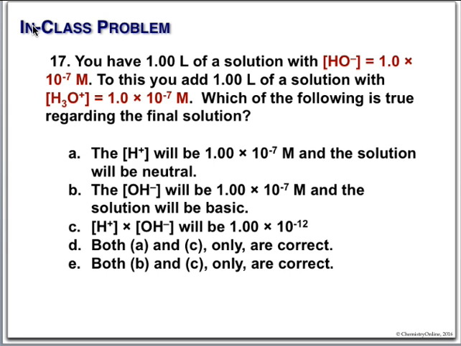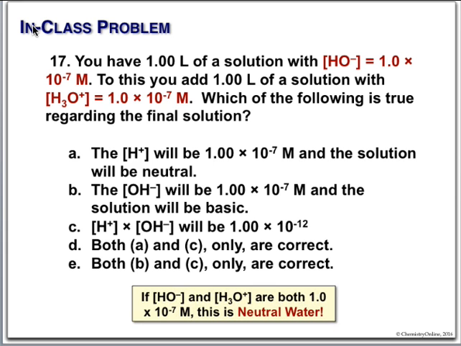We have a solution. Hydroxide is 10 to the minus 7 molar. What aqueous solution has hydroxide at 10 to the minus 7 molar? Neutral water. Plain neutral water.